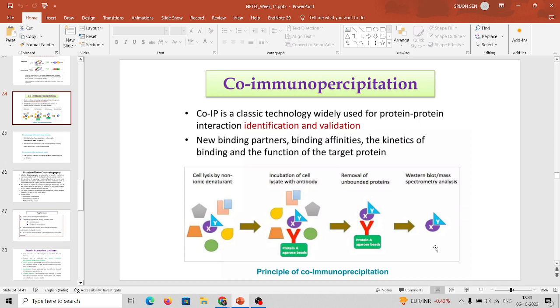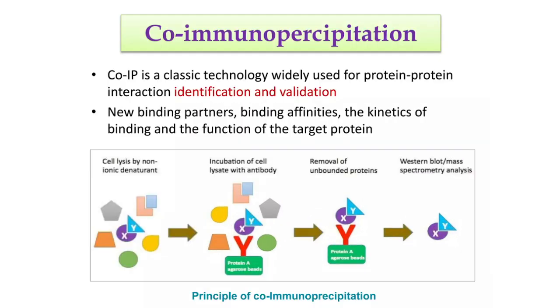Okay. So the co-immunoprecipitation technique is also another type, and these are all based on protein-protein interaction. You can understand even from the diagram that two proteins are basically interacting.